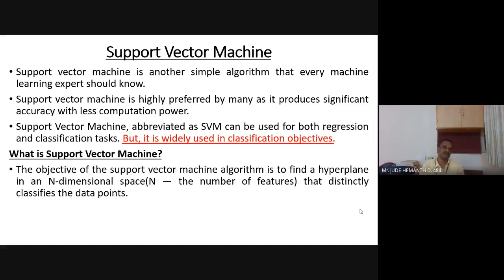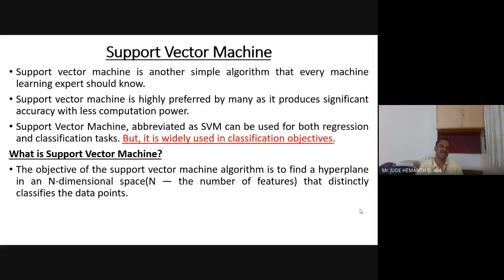So the main purpose of the support vector machine is to find a hyperplane, right? It's to find a hyperplane in an n-dimensional space. So here we have two technical keywords which you should understand: what is meant by a hyperplane and what is an n-dimensional space, right? And this n-dimensional space is used for classifying the data points.